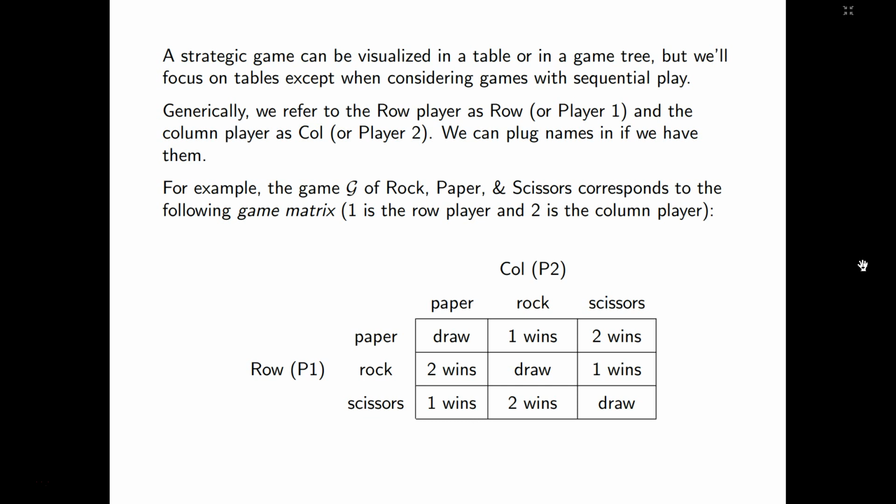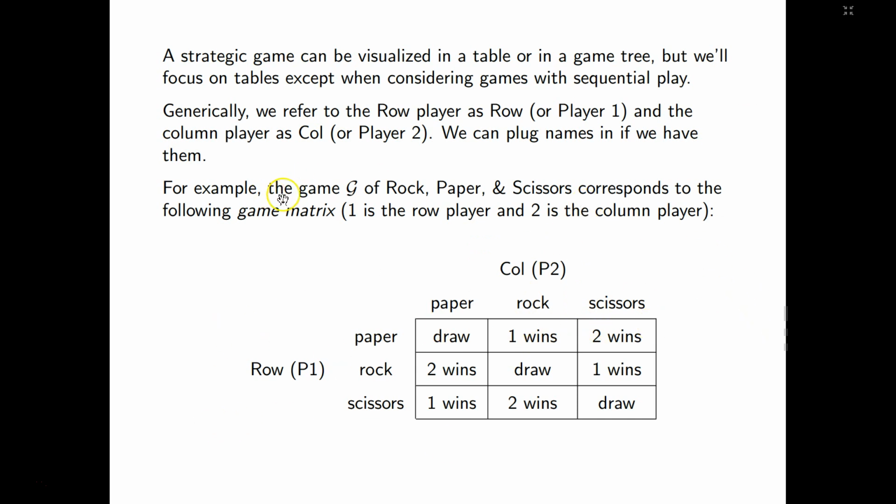Generically, we refer to the row player as row or player 1. So row is going to be player 1. And the column player as col or player 2. We can plug names in, if we have them. So we could give row and col names.